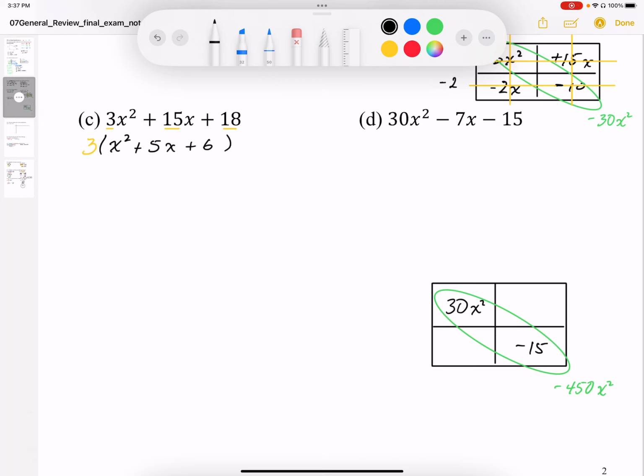Once I've factored that common factor out, now I can look in the brackets and ask, since there's no number in front of the x squared, I'm looking for two numbers that multiply to 6 and add to 5. And we have to make sure we keep that 3. We don't forget about that 3. So two numbers that multiply to 6 are 3 and 2, and they add to 5. So this is factorable.